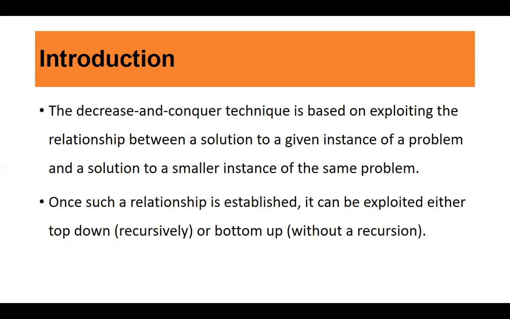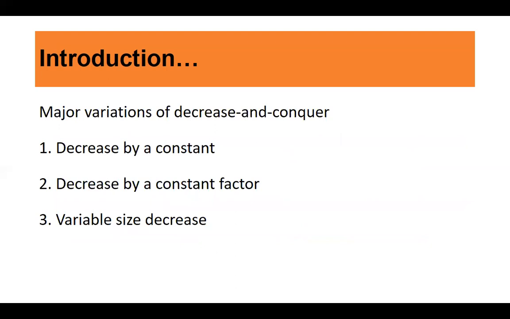But in case of decrease and conquer, we have three different versions to look at. You have decrease by a constant, you have decrease by a constant factor, and you have variable size decrease. Decrease by constant size decreases the size of the instance by a constant, which is normally 1.